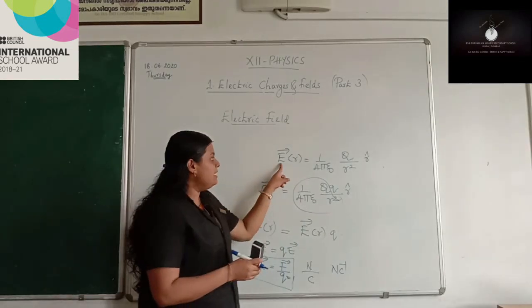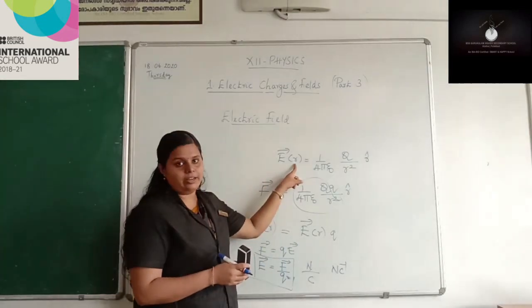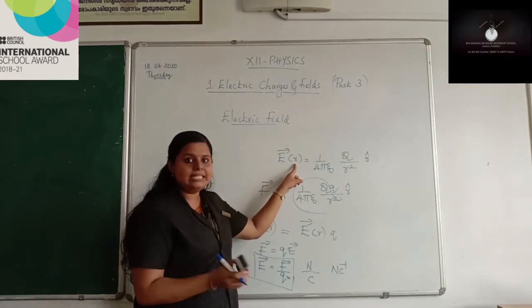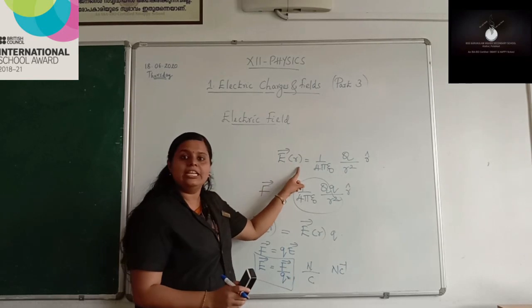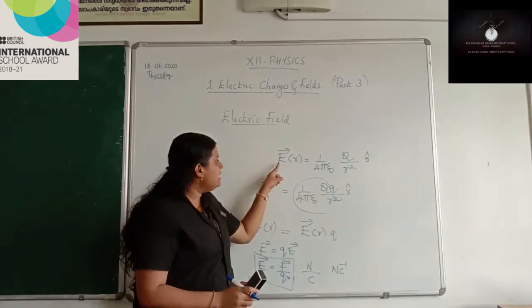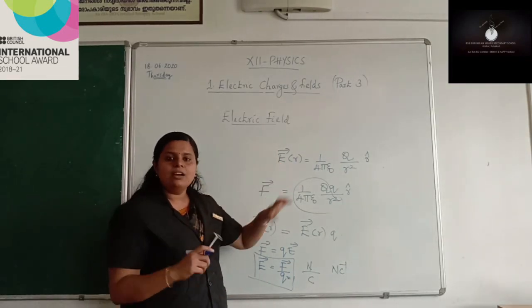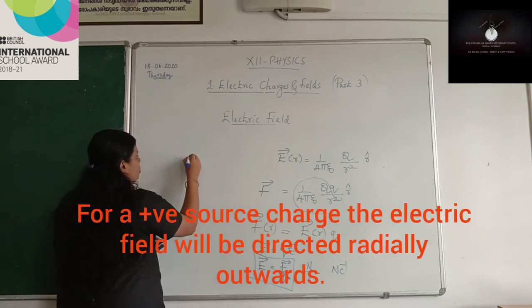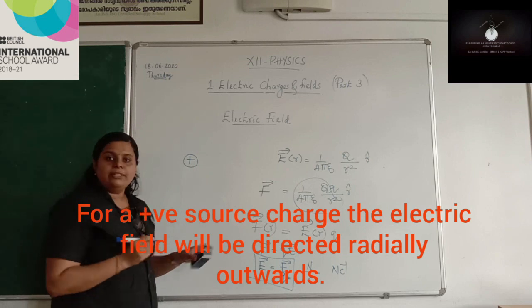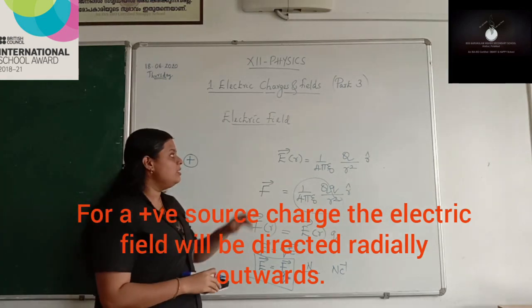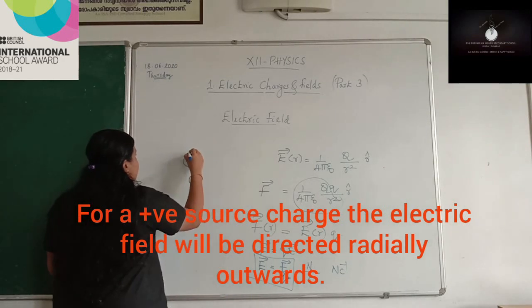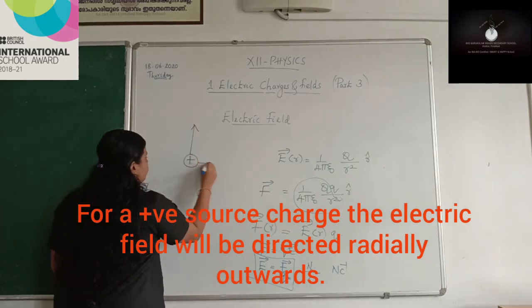We already said that electric field is a vector. Also, this electric field is a function of r, or this electric field depends on position. That means electric field varies with position. So since this electric field is a vector, what about its direction? Listen, for a positive source charge, the electric field will be directed radially outwards.